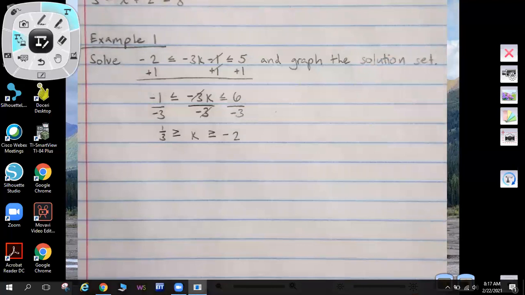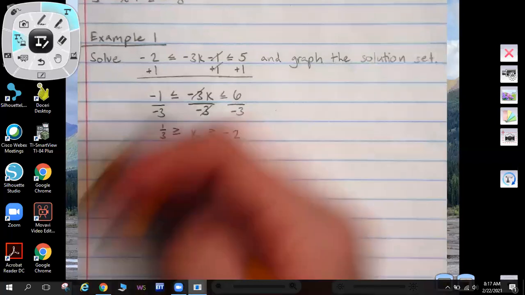Okay. We do need to rewrite this 3-part inequality. Now that we've got k by itself, that's what we wanted, but we need the inequality symbols to be less than, and we need these in the order that they appear on a number line. On a number line, -2 comes before 1/3.